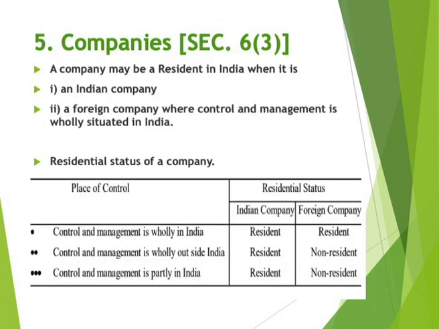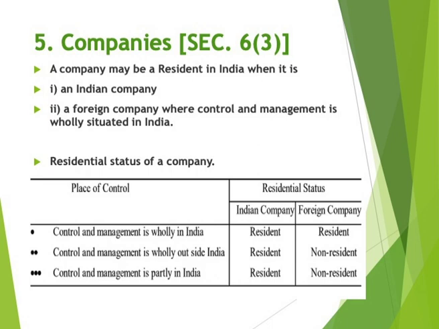Now the next one is companies, the company form of business. How do we determine the residential status of a company? Under this, a company may be resident when it is an Indian company. The company should be an Indian one, and it may be a foreign company also, but it must be controlled and managed or wholly situated in India.